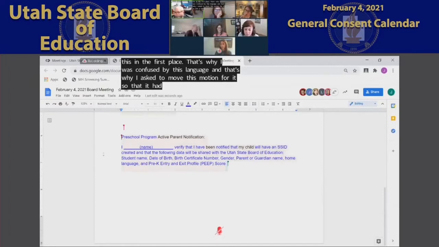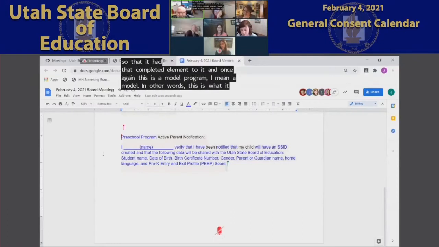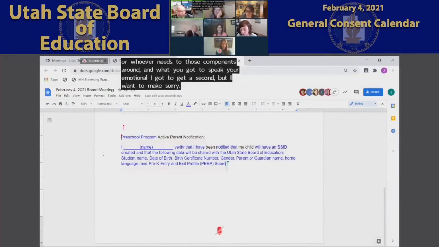You want to speak to your motion, I got to get a second, but I want to make sure. We're wanting to move on this, so I'm just helping with the process here. So as you see it on the screen, Board Member Earl, where it's adding active parent notification, adding the word ban, adding the word my child, I just want to make sure we get your motion right so I can get a second.